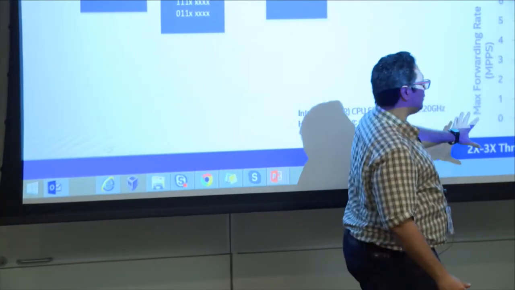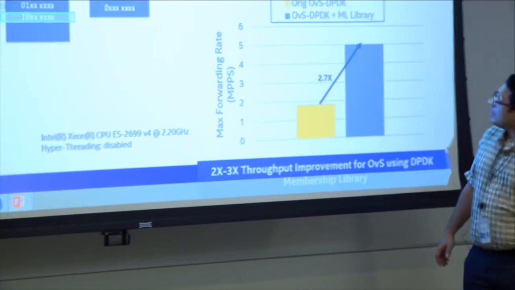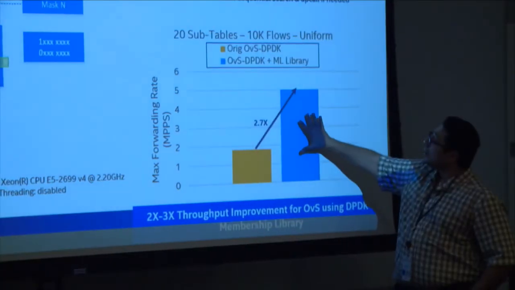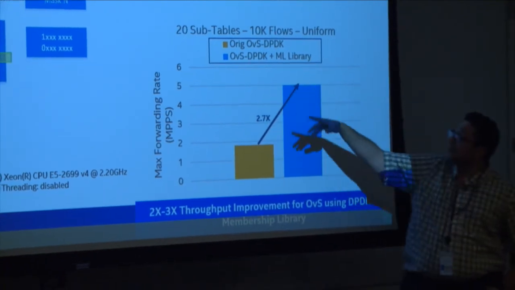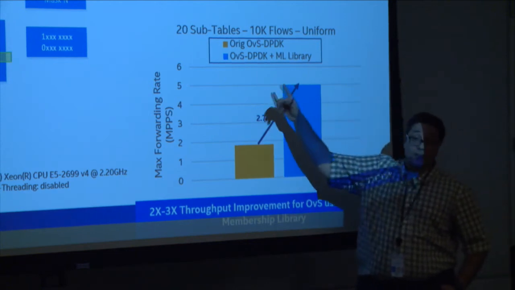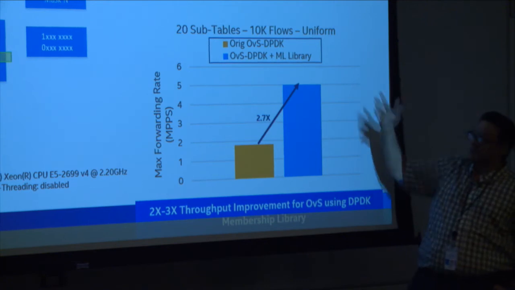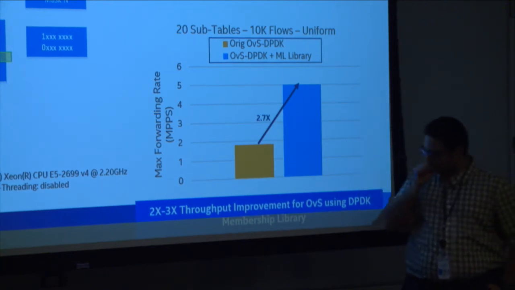And this is the result that we have with OVS. This result is comparing the original OVS DPDK with OVS DPDK where we added the membership library. The number of flows is 10K, and the number of tuples is 20. Our traffic pattern can hit any subtuple in a uniform way.